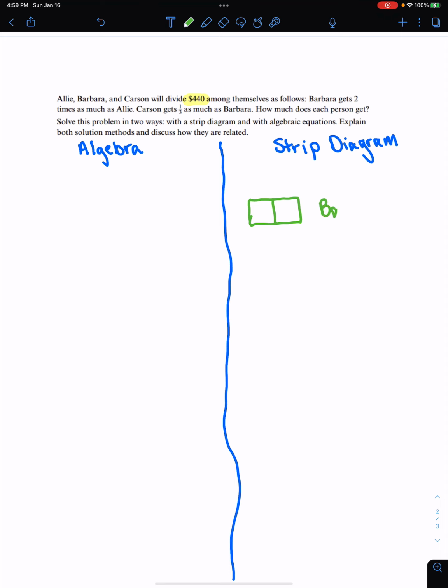This is Barbara's part. And now we're gonna show Allie's part is one of those 2 pieces because Barbara gets 2 times as much as Allie, right? So I'm gonna take my red line and divide Barbara's piece in half to show that Barbara has 2 times as much as Allie.